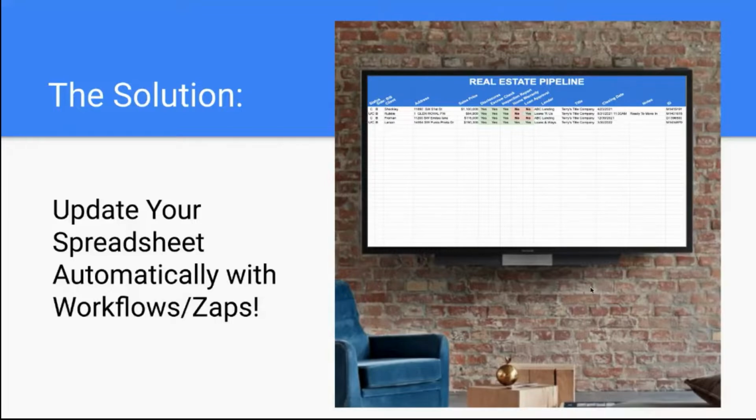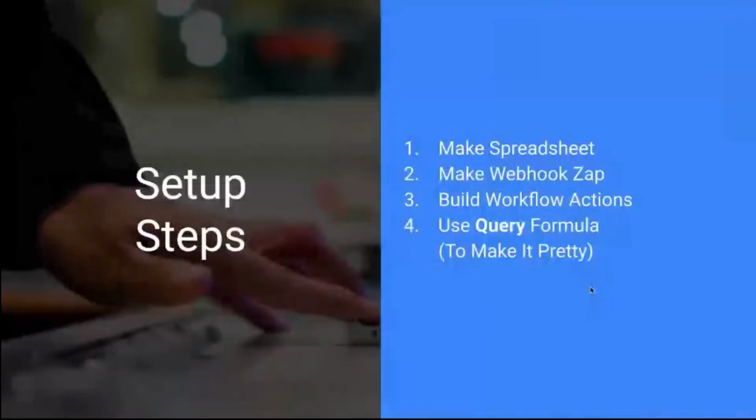So what I intend to do is kind of show you that process of what you would do to use a spreadsheet. And again, this is just an example, but you can use it for virtually anything to get updates through Realvolve. So there's really 4 steps we're going to do. We're going to make a spreadsheet, and that may be the most important part, is just understanding what's on the spreadsheet to keep it simple.